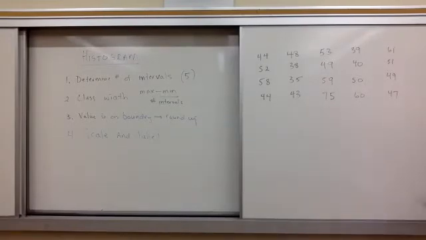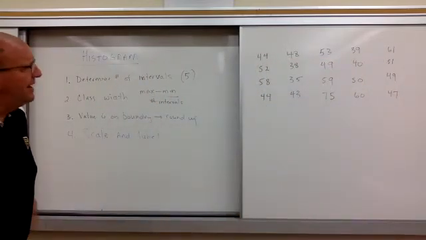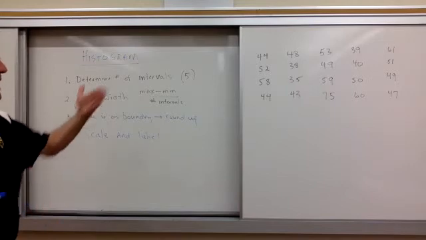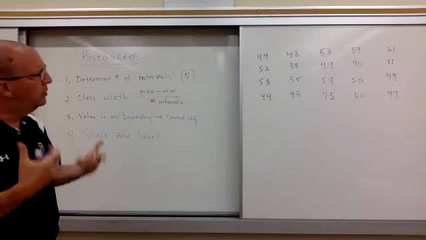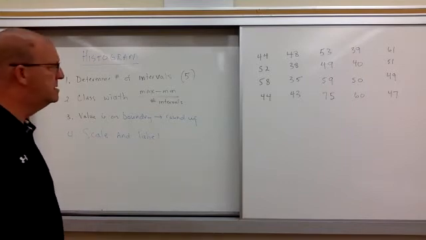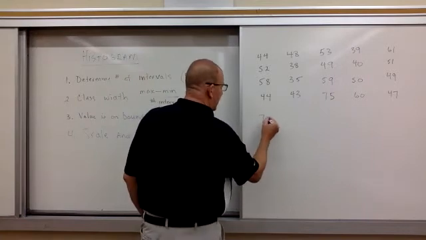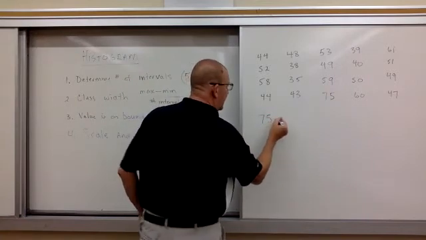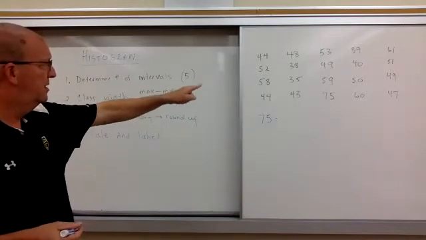Okay, so here's a bunch of ages of people. What's the maximum value in that group of numbers there? We'll look at that and we'll say, oh, that's 75. The minimum value here would be 35.